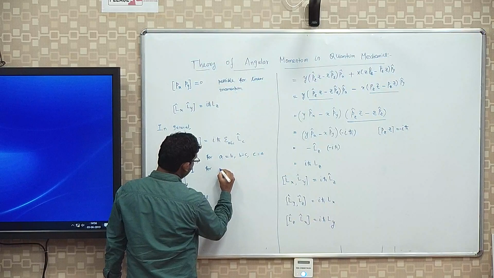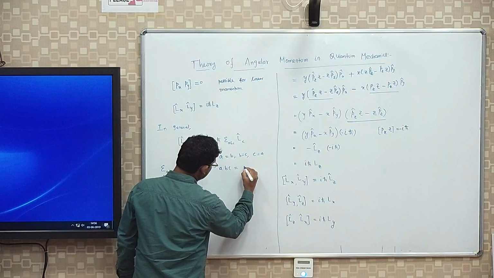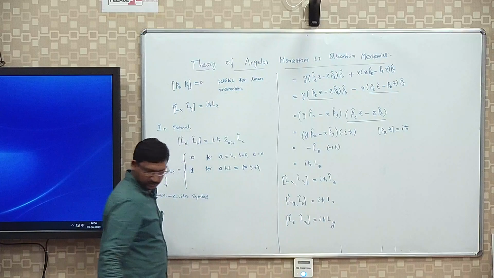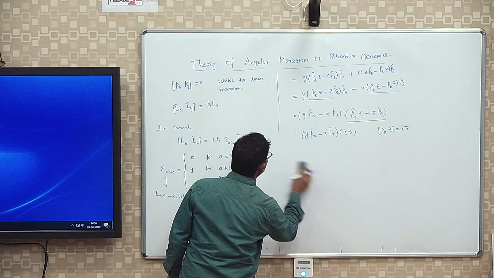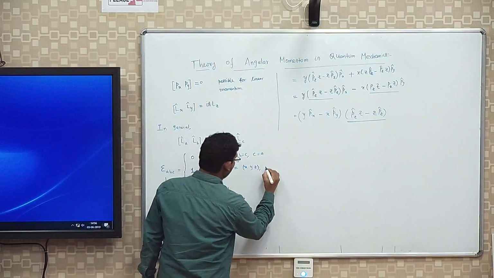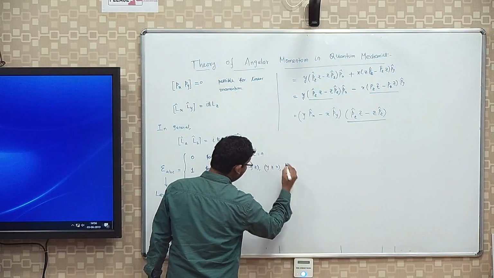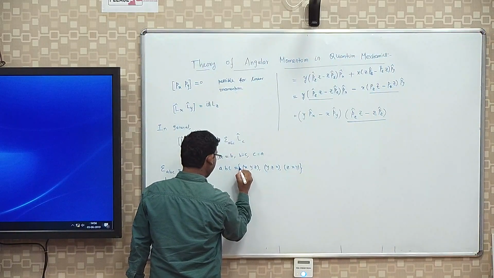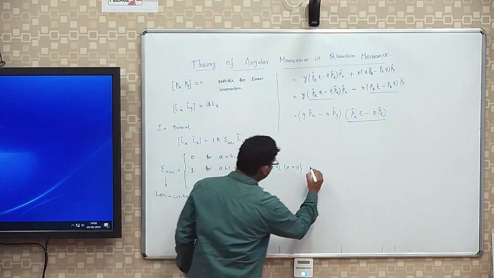Example, A, B, C, that means X, Y, Z, comma, Y, Z, X, comma, Z, X, Y. It's called a cyclic permutation.